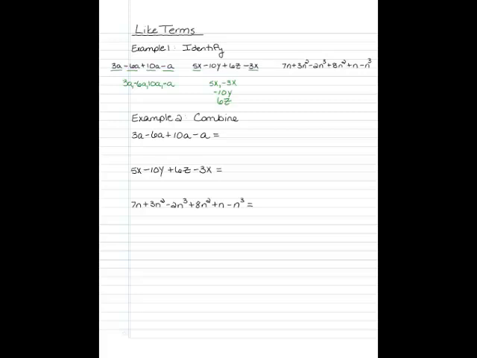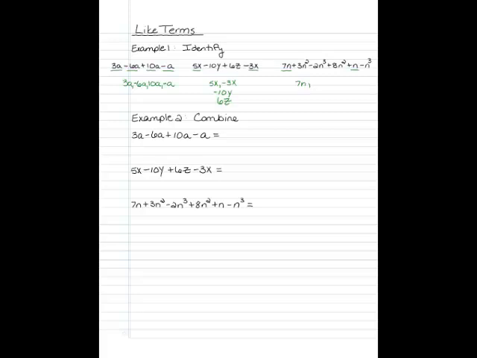So I'm just going to list them by themselves down here. This last expression, we have 7n plus 3n squared minus 2n cubed plus 8n squared plus n minus n cubed. Remember, like terms are the variables with the exponents. So looking at these, we have 7n and n. Those are like terms.